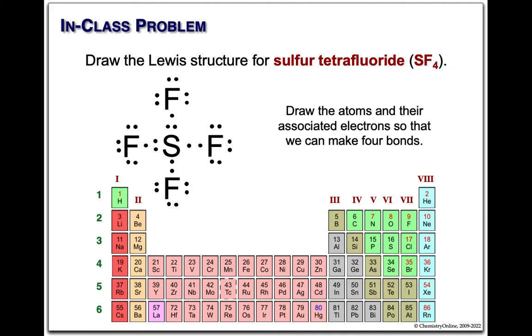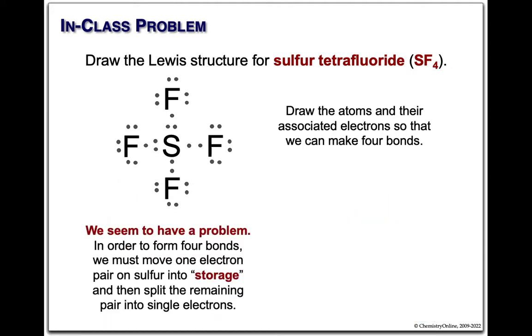So, to do the Lewis structure, since it's just bookkeeping, what we're going to do is take this extra pair, our problematic pair, and we're going to get rid of them. Where are we going to put them? I'm going to put them in something called storage, which is the corner over here. All right, so we have 2 electrons in storage.